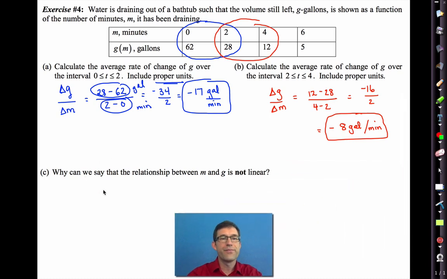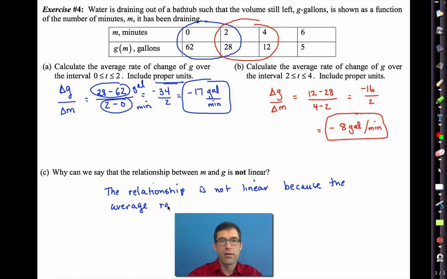Going back to blue, the relationship is not linear because the average rate of change is not constant.